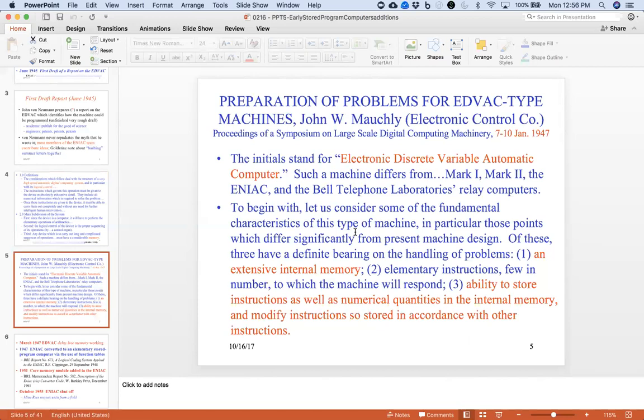That means that not only does the data you require have to be in memory, but also the computer program itself must be in memory. And in fact, the key feature he points to is that we should also be able to modify the instructions that are stored in memory if we want to change the program.